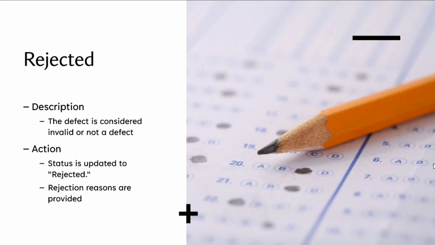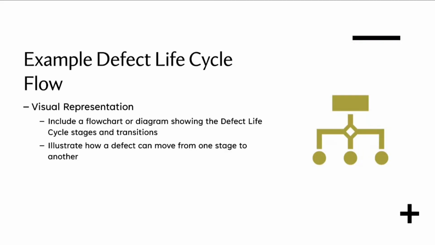Or the issue is not a defect but an enhancement or some kind of feature. So they change that defect status to rejected. Sometimes the development team and test team have some conflict because of this rejected status.